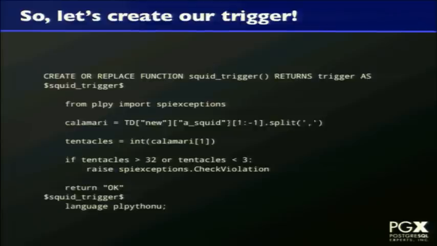I'm told that actually squids have a fixed number of tentacles, but I'm a programmer, not a marine biologist. And we raise an exception. Otherwise, we return OK. For reasons that escape me, this is the way you say return.